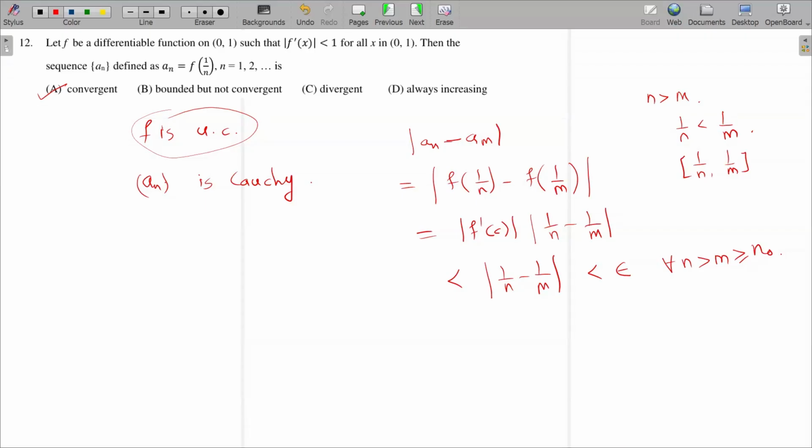But if the function is uniformly continuous on some domain, then it will map a Cauchy sequence into a Cauchy sequence. Means if you have a sequence Cauchy in the domain, then f of a_n will be Cauchy in the range, basically. Yes, the proof goes in this way only.